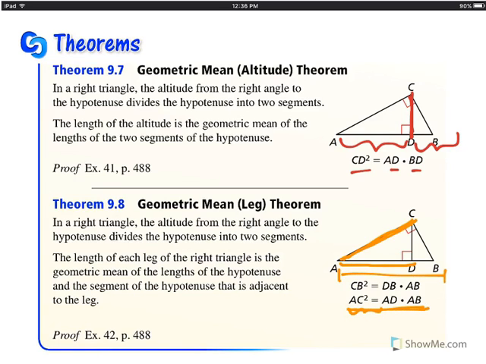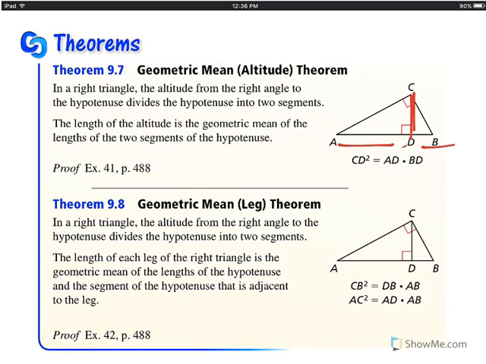And then my short leg squared is going to be equal to the short part of my hypotenuse times the whole thing. Okay, so just a recap on the altitude. Altitude squared is equal to the pieces of my hypotenuse multiplied together.